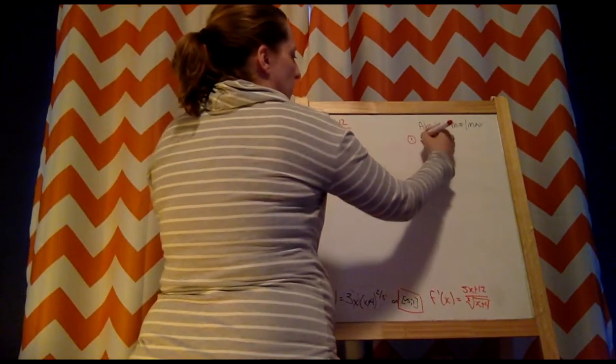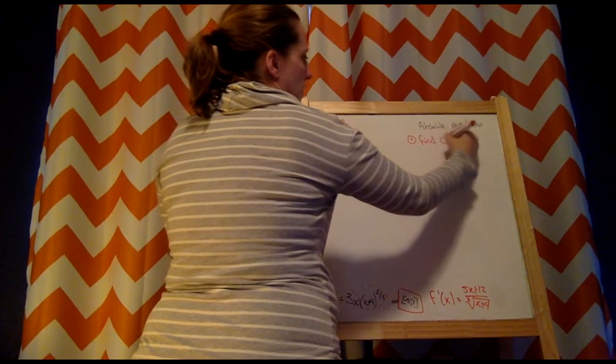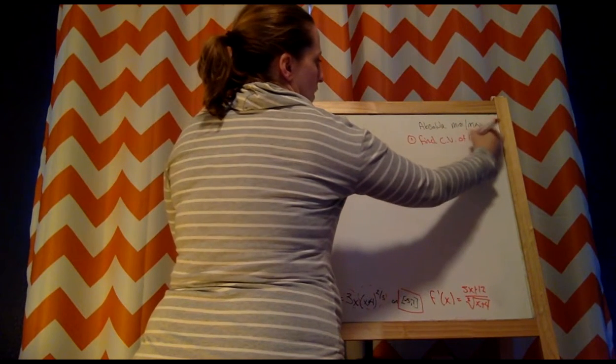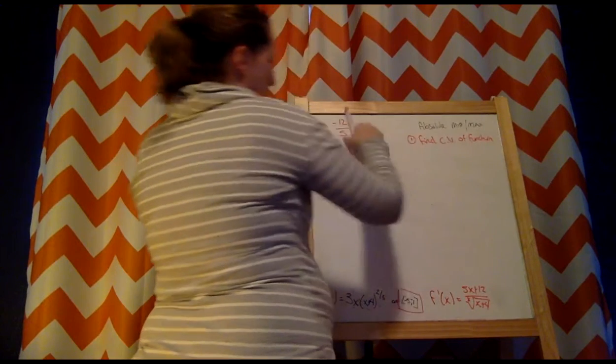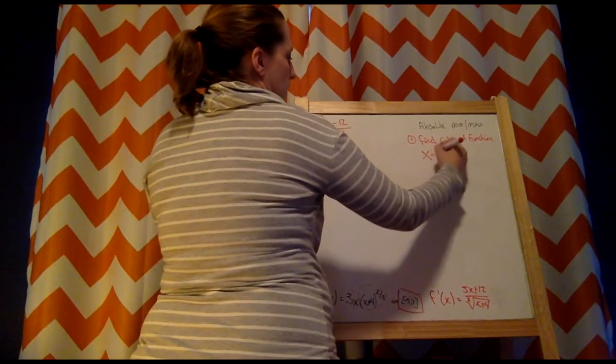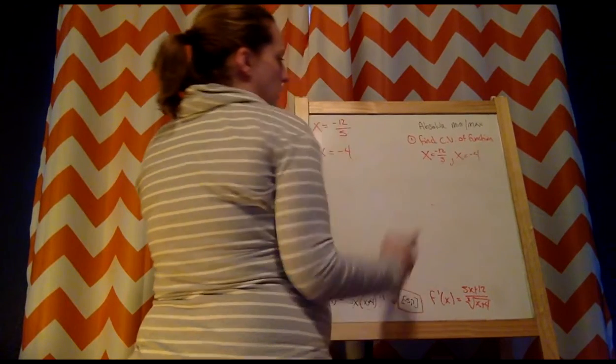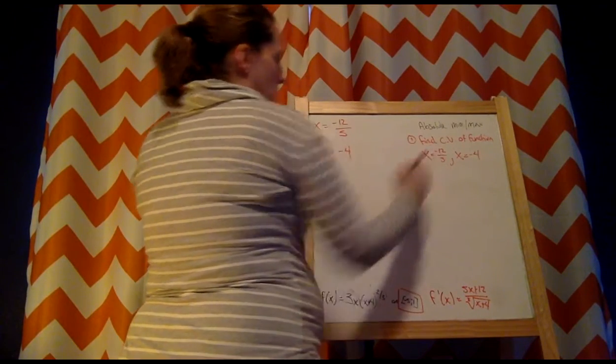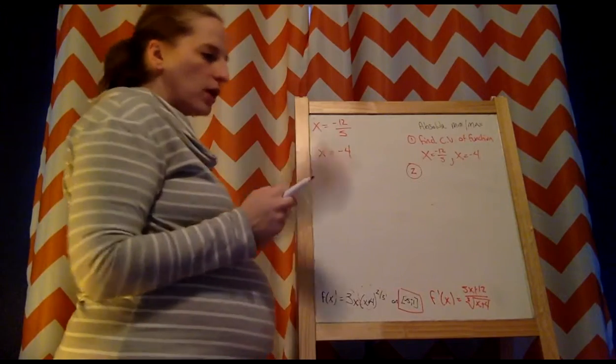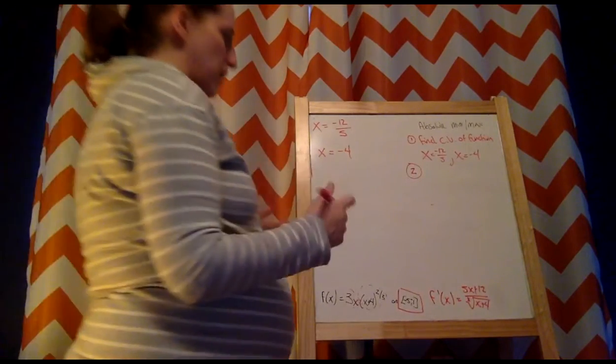Okay, so to find absolute mins and maxes, remember what we do. We find our critical values of the function. Well, luckily, we've already done this. Here are our critical values: x equals -12/5, and x equals -4. We're going to look at the critical values and the endpoints.